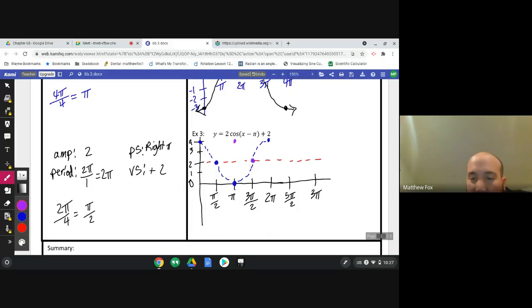Some of them will match up with other dots, that's okay. And now if I draw that in, we are done. Okay, so the purple one is our actual drawing. And once again, this is only one period of it.